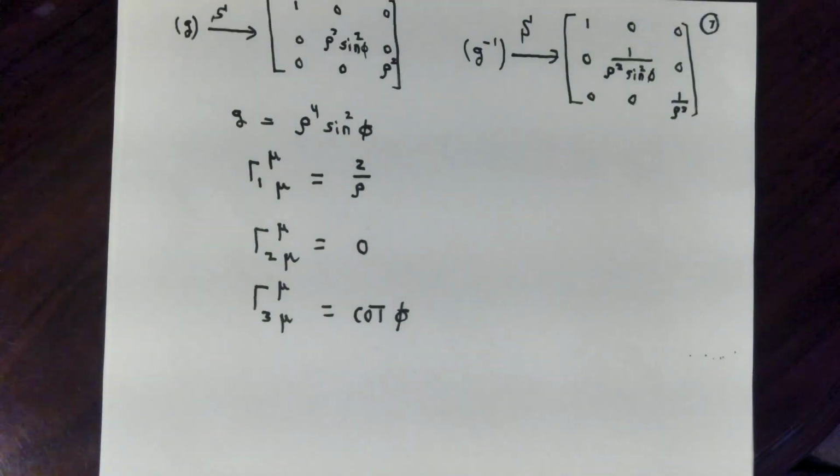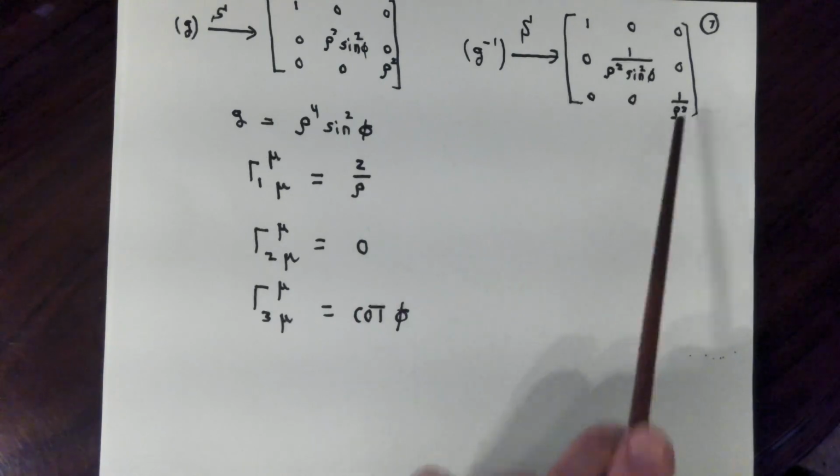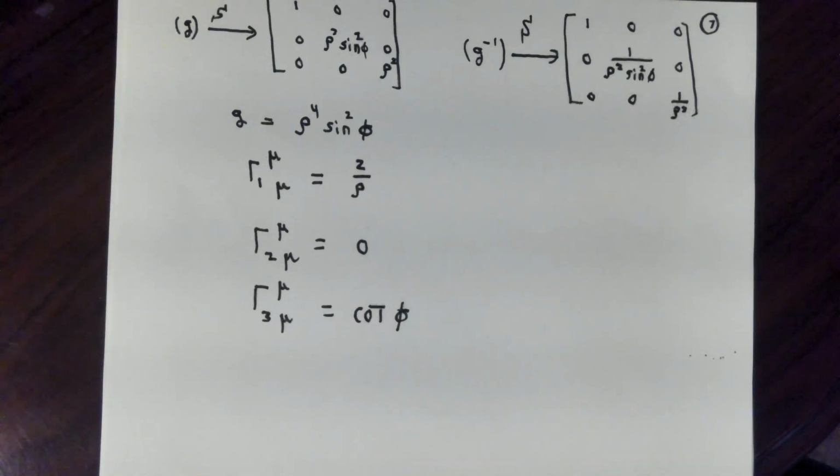And the last bit that I'll need is the inverse matrix to the matrix of lower metric tensor components. This is particularly easy though, because the inverse of a diagonal matrix is formed just by taking the reciprocals of the numbers on the diagonal.